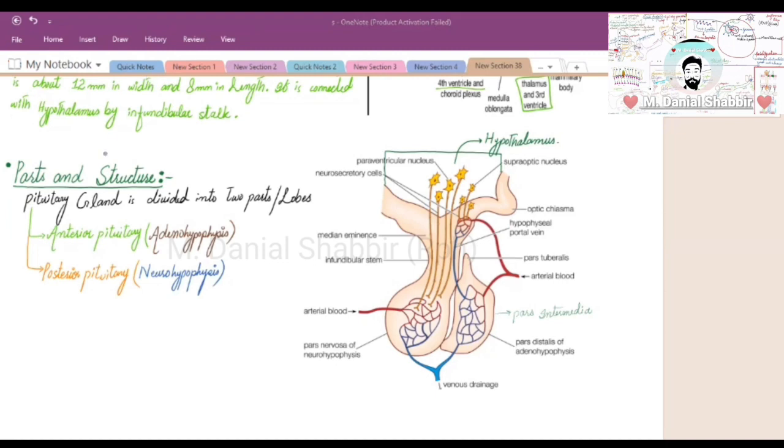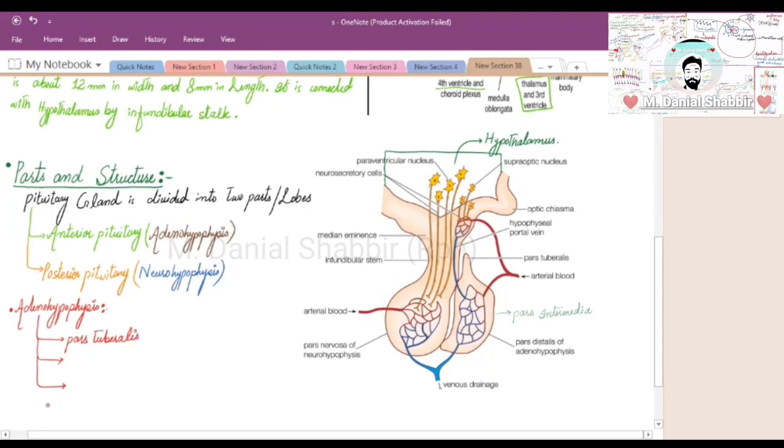The adenohypophysis is further subdivided into three parts. The first part is pars tuberalis.